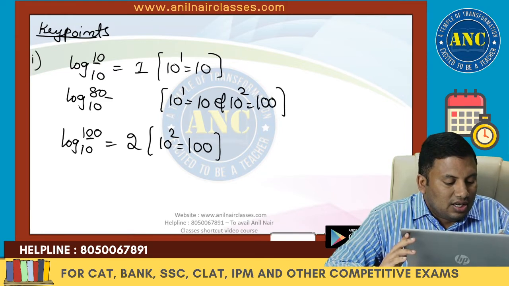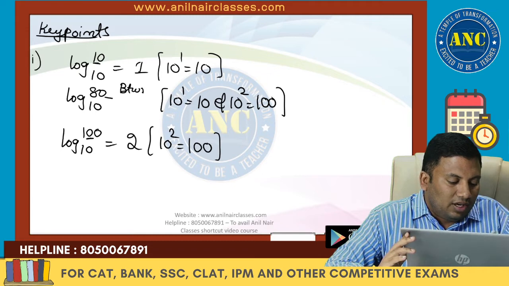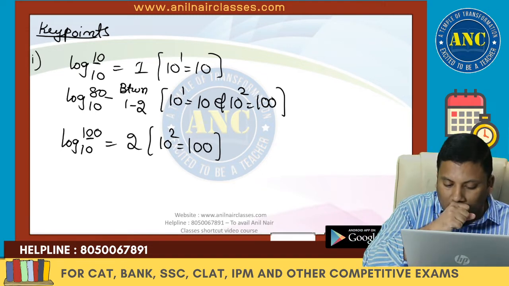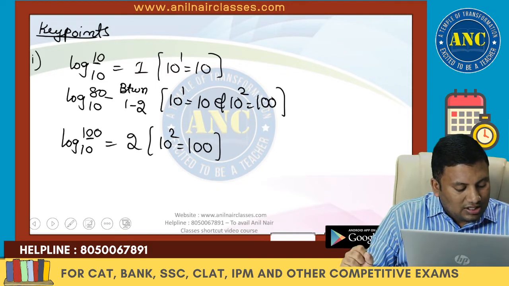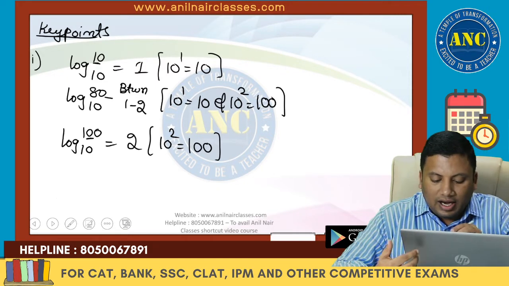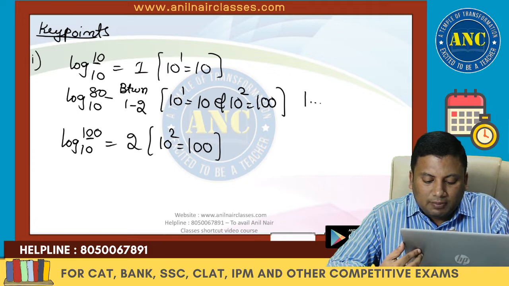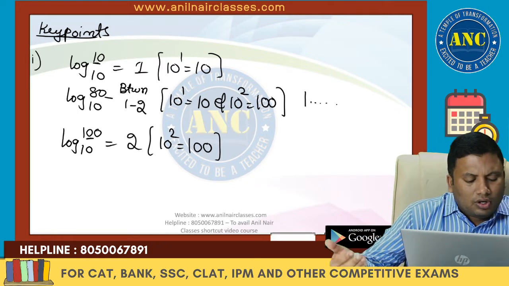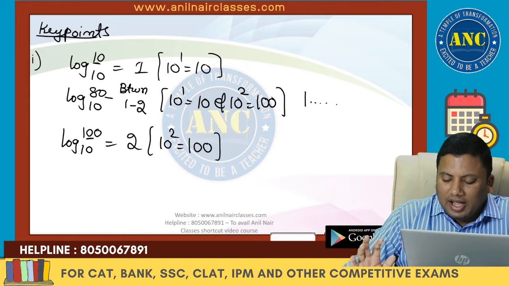That means this value lies between 1 and 2. Any value greater than 1 and less than 2 is in the form of 1 point something. It could be 1.2, 1.6, 1.9 or anything.